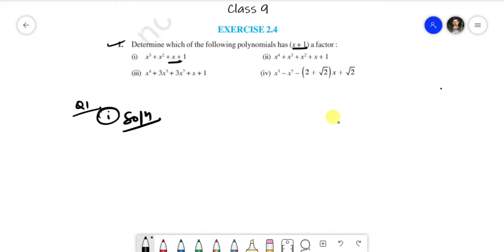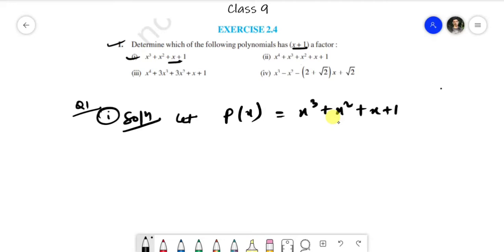So let's do this one here. Just this one number question. We'll say Roman number 1, and we'll say this is p of x, meaning polynomial. And we'll write the question: x cube plus x square plus x plus 1. This is the question.